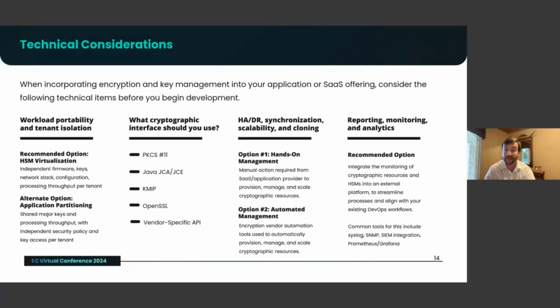It's a lot easier to deploy, but it also does take more manual work and record keeping and less automation there. The second would be fully automated using command line interfaces and SDKs provided by the encryption vendor, where within your application, you can say, all right, spin up a virtual HSM, assign it to a high availability cluster, clone it to this other region, increase throughput from 250 operations per second to 10,000 or 50,000 or whatever you want, right?